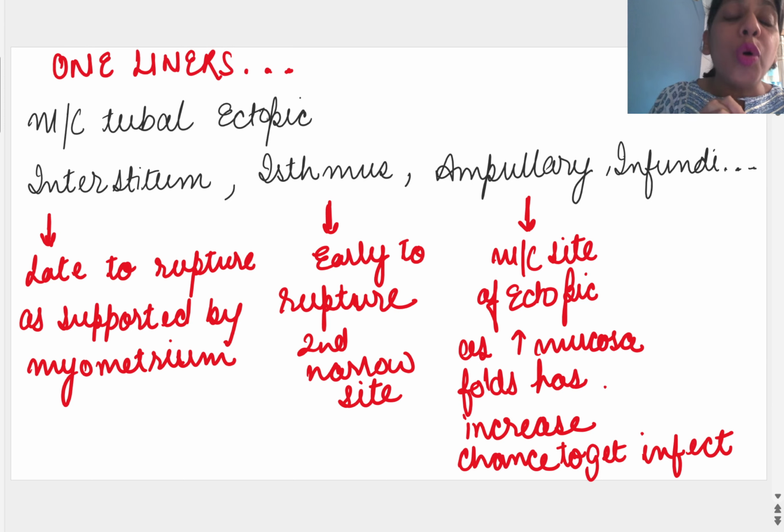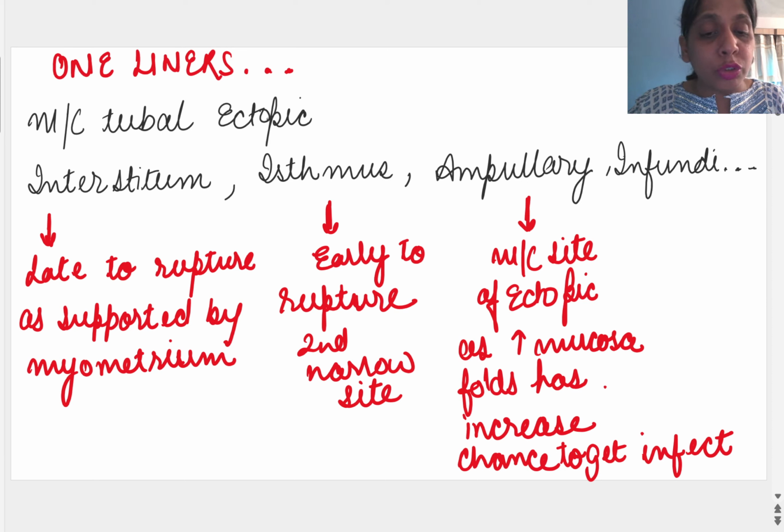Okay, the most common site of ectopic pregnancy is ampulla. Why? Because this ampulla has many mucosal folds which get infected very easily.